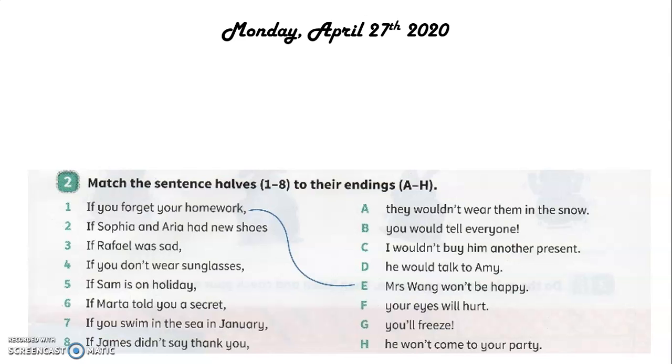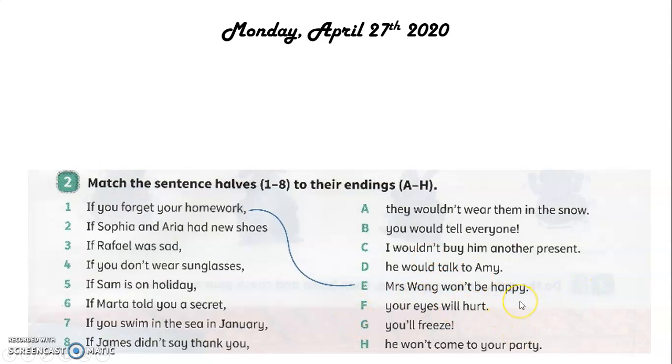Second exercise for Monday, it's about the same, but now you have to match the clauses. In this column, we have the if clause, and in this column, we have the result clause. The result clause, if we are working with the first conditional, your options are will, won't.